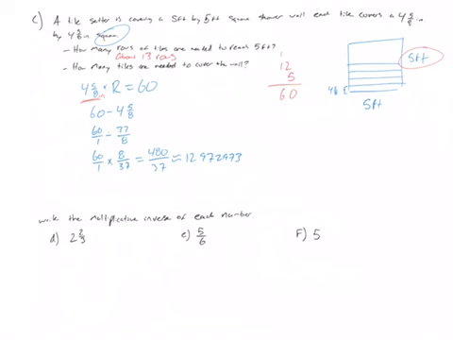Alright, so if there's going to be 13 rows tall, that means since it's a square, I'm also going to have 13 rows over here. So 13 times 13 is 169, so I'm going to have 169 of these tiles covering the wall. So how many tiles will I need? 169 tiles.